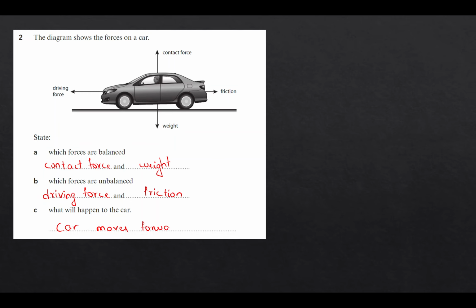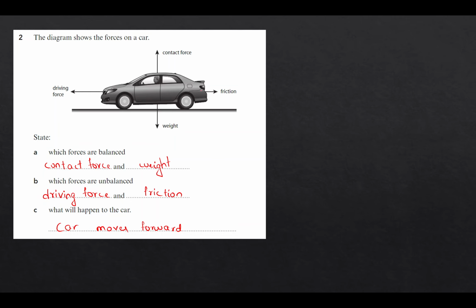You can also write car moves with an increasing speed, because there's a force which is acting on the car and the car's speed will increase. But if the driving force and the frictional force were the same, if these two forces were also balanced, then the car will move at a constant speed. Let's say you are going on a highway with a speed of 60 km per hour.